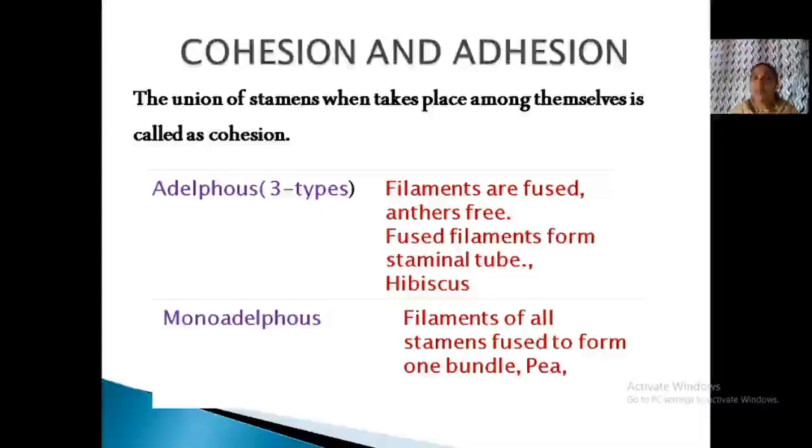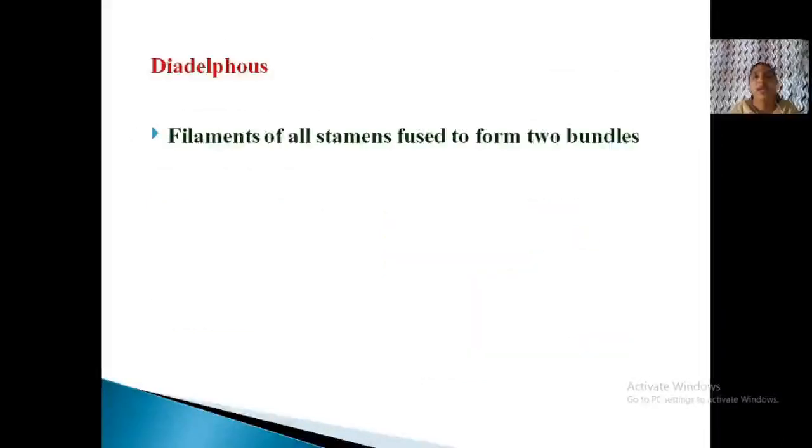There are different types of Adelphi. First one is monadelphous, where mono means single. All the filaments are fused together and form a single bundle. Example is pea plant, clear? Then next, diadelphous condition. The term di means two.